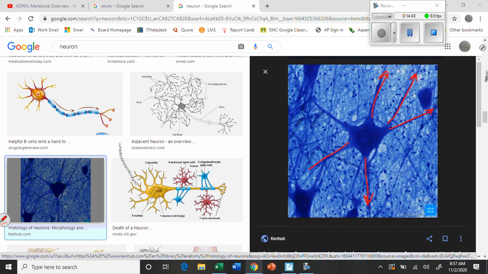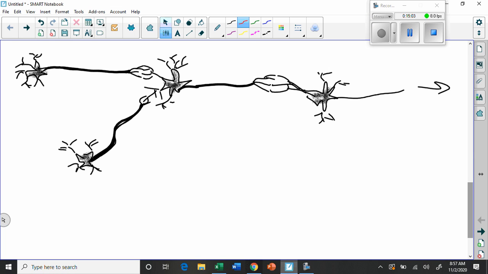What's harder to see are the dendrites. It's harder to see if these are connections moving out or in. It's difficult to say, but this obviously is a stained, actual microscopic view, so it's a little bit different. Harder to see things.